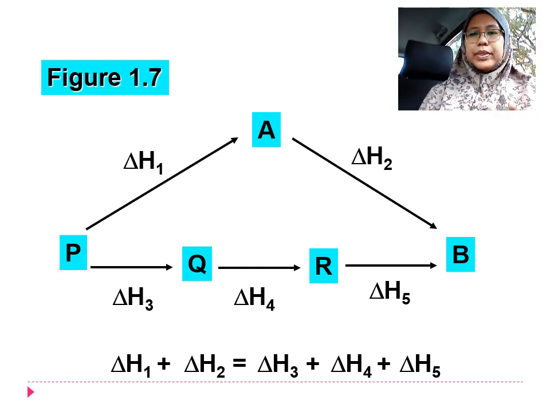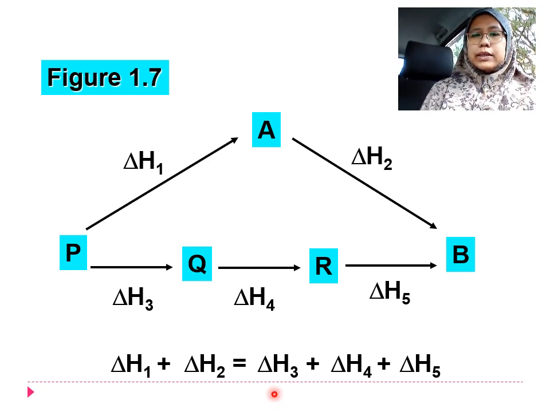So you can see in the formula down there, we put delta H1 plus delta H2 equals to delta H3 plus delta H4 plus delta H5. It would be the same. So if in any circumstances whereby we want to find delta H3, for example, we are given delta H1, 2, 4, and 5, that is actually possible for us to calculate.